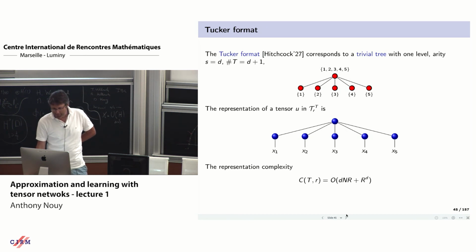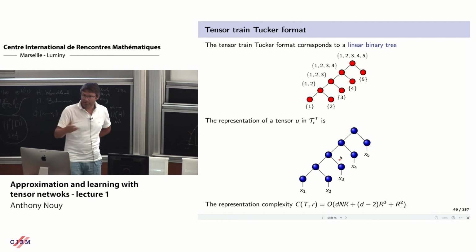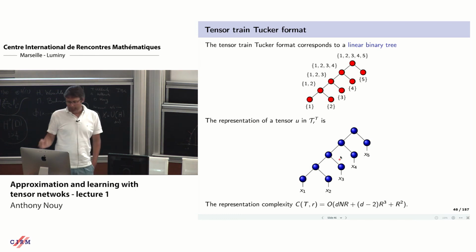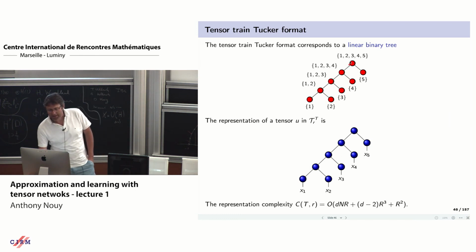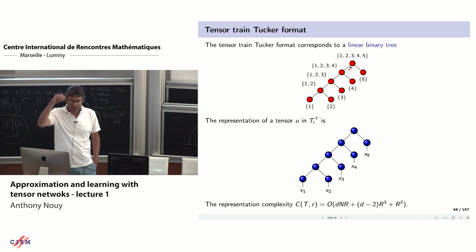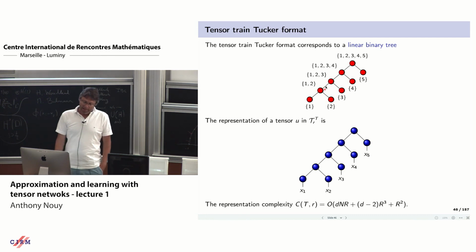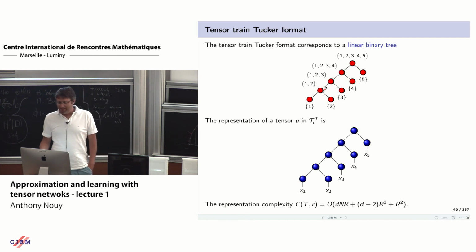Okay, this is Tucker format, a particular case of tree-based format with a trivial tree with one level. You have here also a very natural tree, which is a linear tree. So you split the dimensions into a singleton and the other variables. Again here, a singleton and the others, and so on. So each time you have a singleton when you partition a node of your tree. And the resulting format has been called tensor train Tucker format.